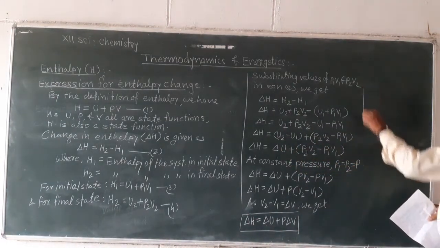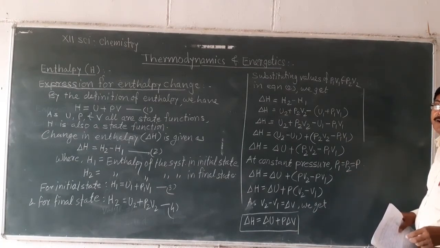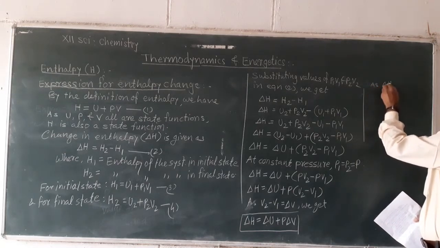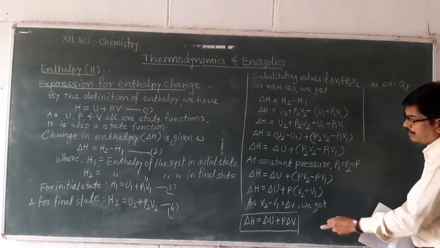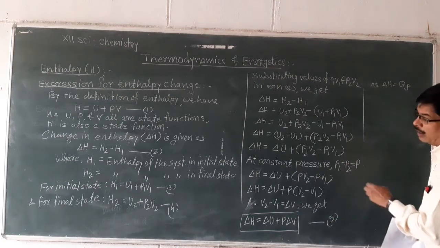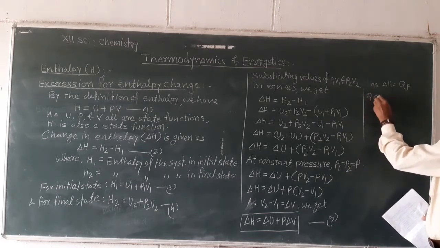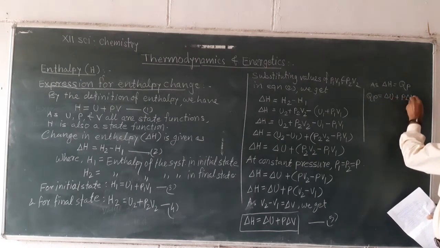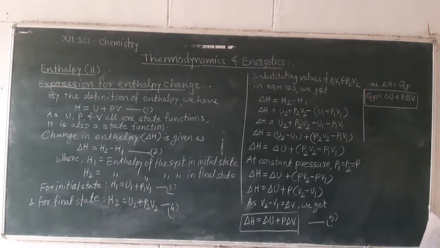Now delta H is also heat absorbed by the system at constant pressure. That means as delta H is QP, we can write this equation as QP is equal to delta U plus P delta V. This is also an expression for enthalpy change.